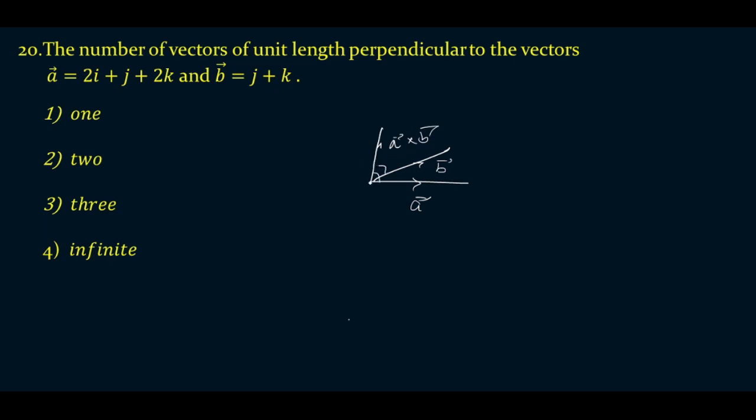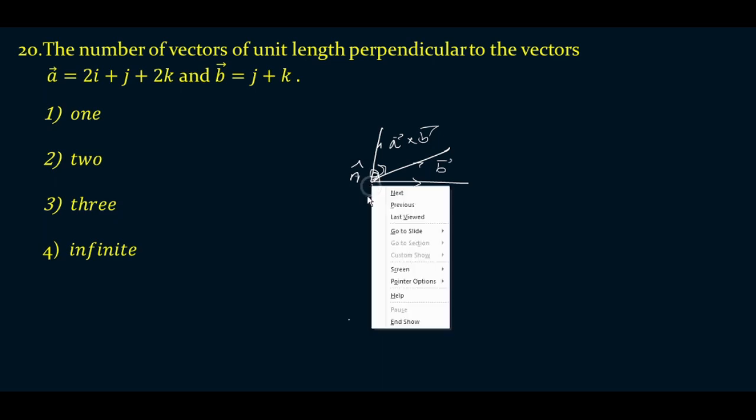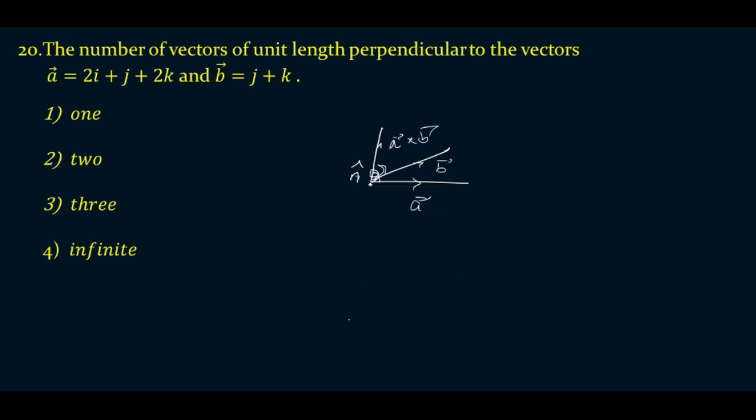Here suppose the direction perpendicular to these two vectors is denoted by n cap. And one more vector you get, it is perpendicular to both a and b, which is exactly equal to the vector minus n cap.